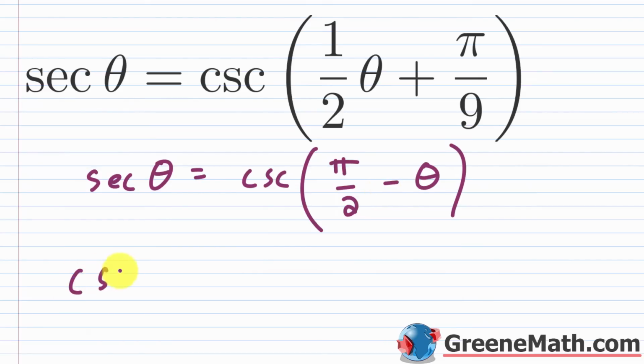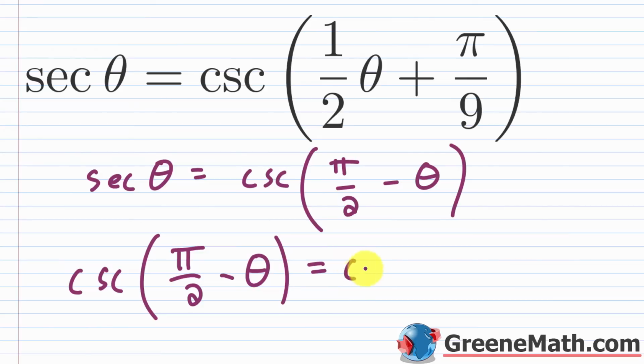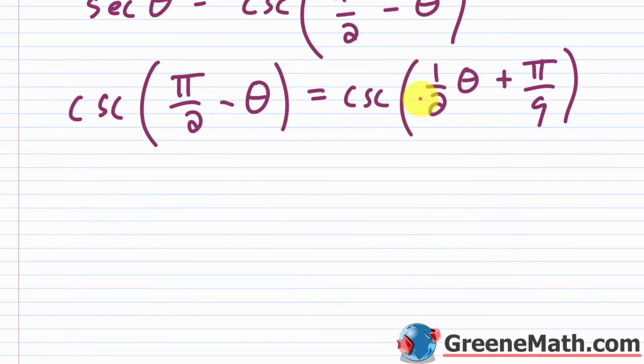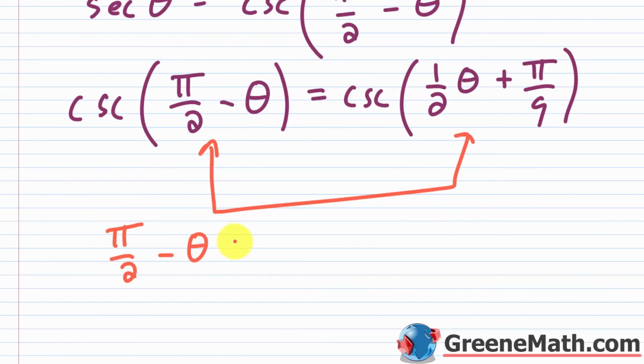So I'm going to say the cosecant of pi over 2 minus theta is equal to the cosecant of 1/2 times theta plus pi over 9. So again, this can only be true if this is equal to this. So we'll say pi over 2 minus theta is equal to 1/2 times theta plus pi over 9.